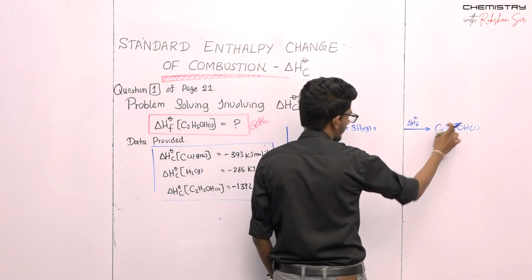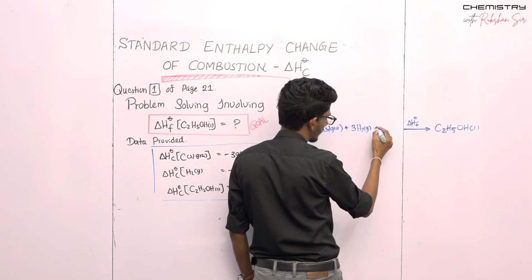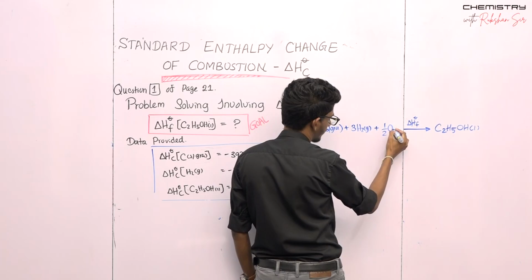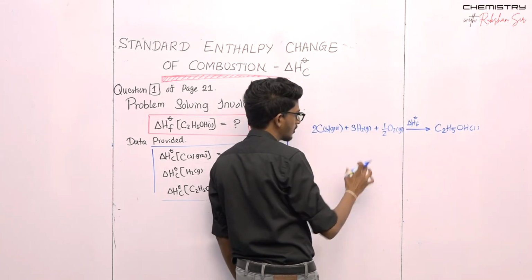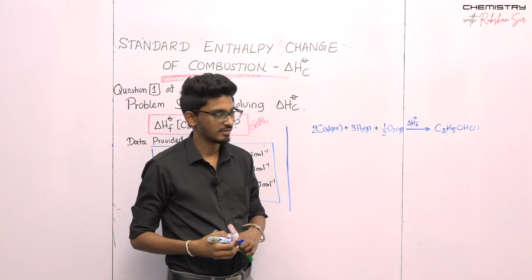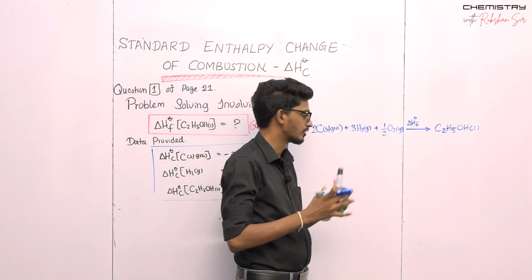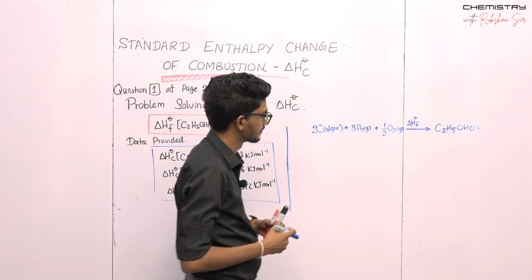And oxygen's reference form is O2 gas. 1 oxygen should appear, which means just half of O2 gas. So starting from the reference forms, you need to come up with C2H5OH liquid. That is the enthalpy change we are looking for. Okay, this is your goal.